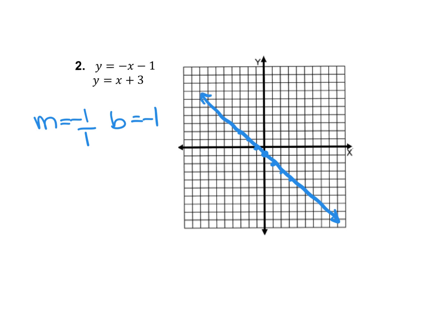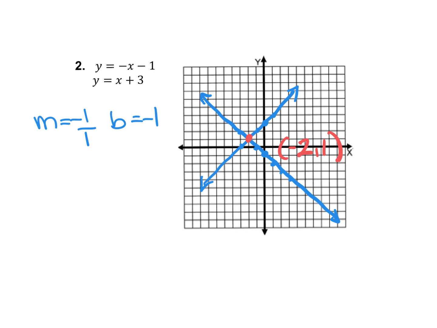All right, and so now I'm going to graph y is equal to x plus 3, so we're going to be up at the 3. I'm going to go up 1 over 1, and so let's back up some. Down 1, -1, down 1, -1, down 1, -1. All right, so now the point at which it's intersecting is right here, which is at (-2, 1).